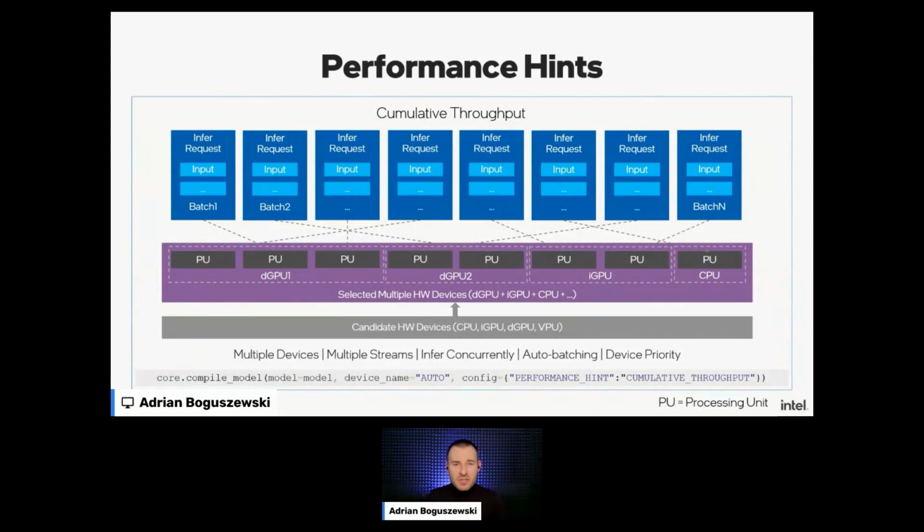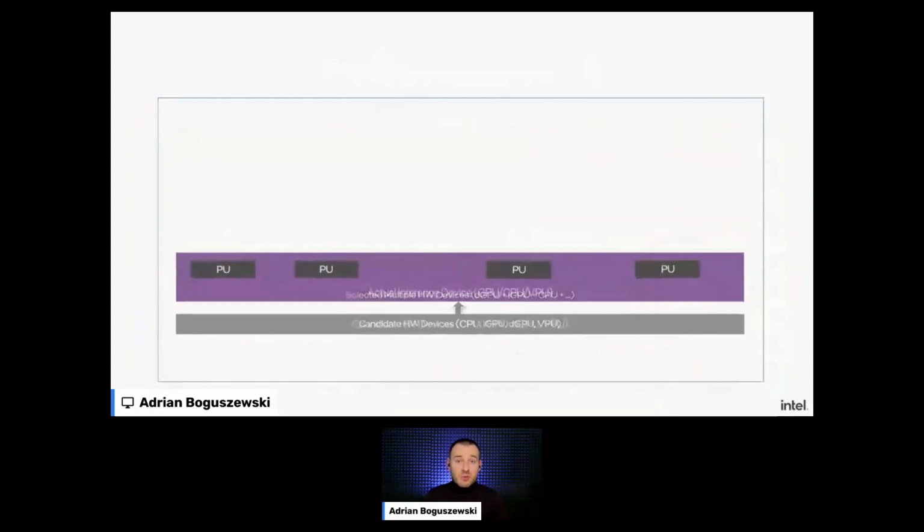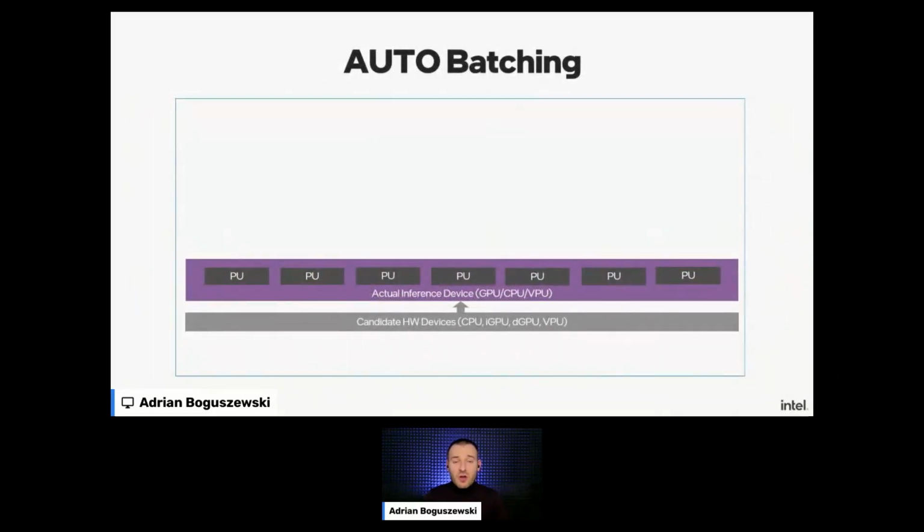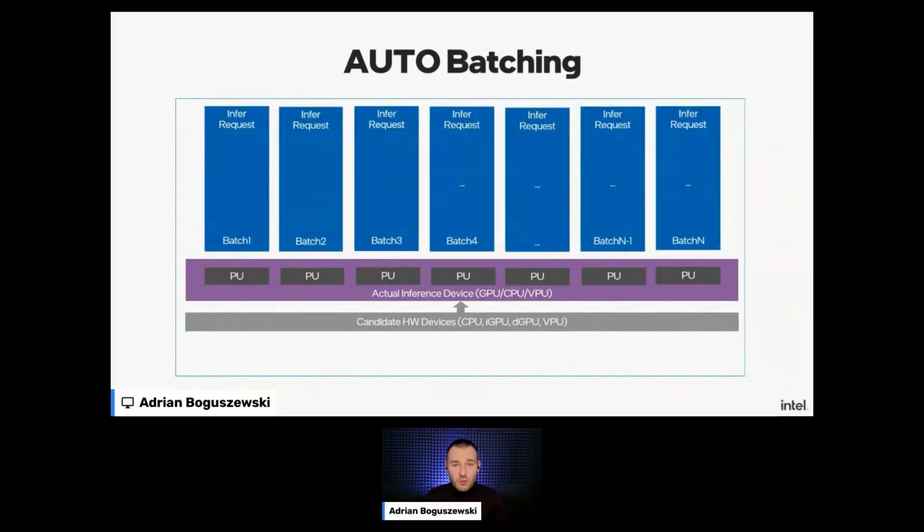But I mentioned auto-batching a few times, and probably you are wondering what auto-batching is. So I would like to explain it now. Auto-batching is a feature in OpenVINO that creates batches from your inputs automatically. So, for example, let's assume that the best batch size is 4.